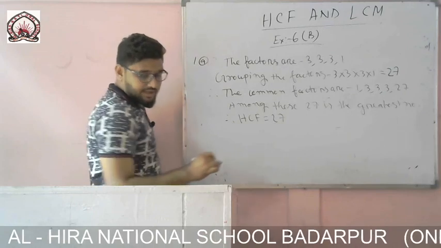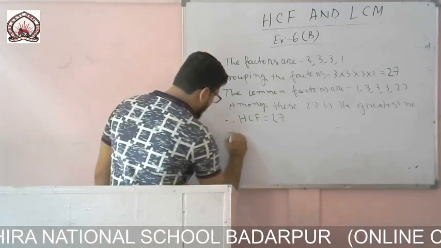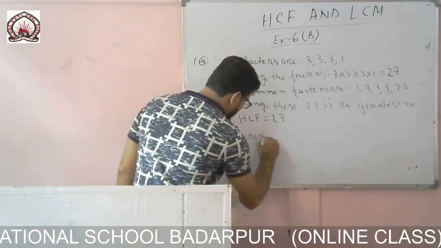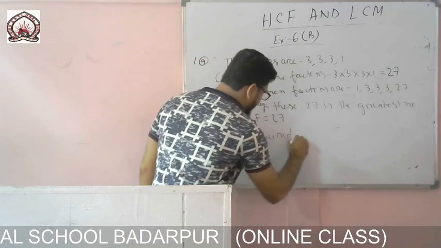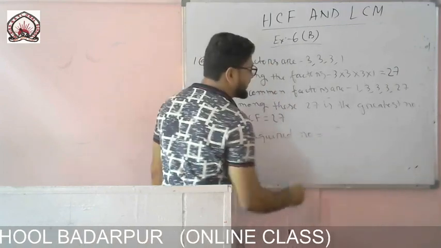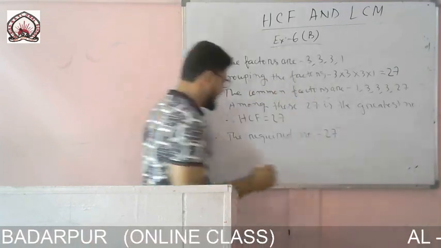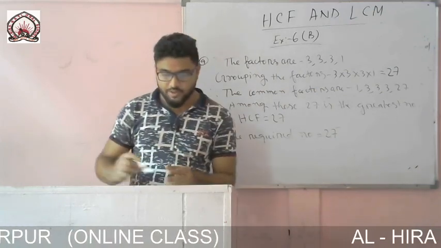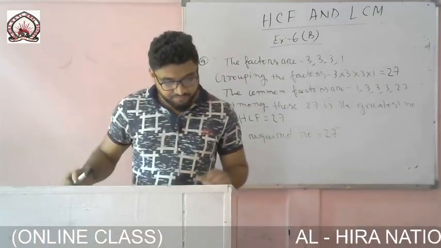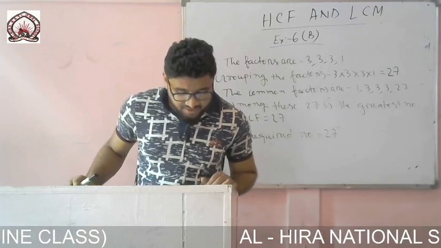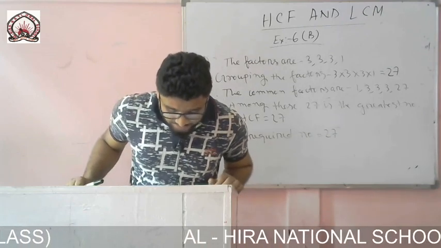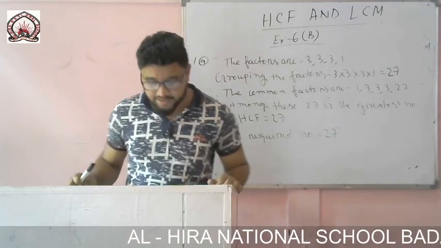Now write, therefore, the required number equals 27. The required number is 27. Now come to question number B. Find the greatest number that will divide 33, 44 and 66 exactly.